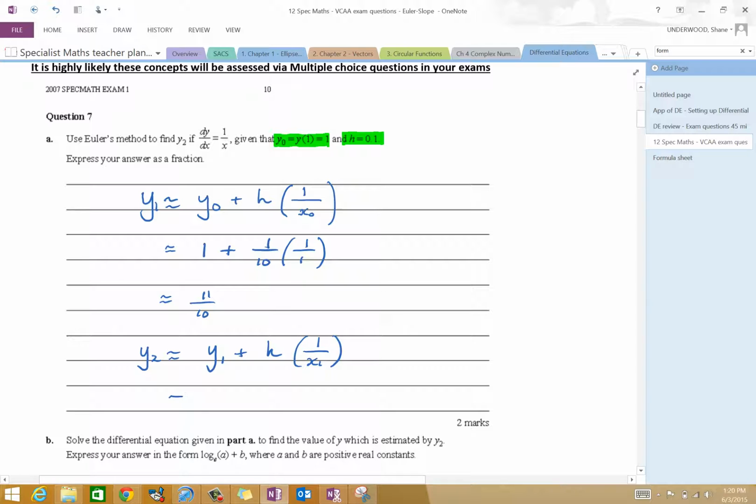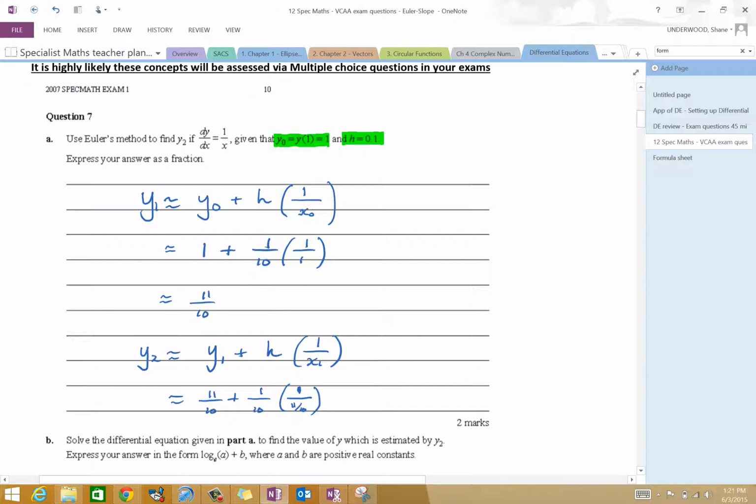So y2 is approximately equal to y1, which is 11 over 10, plus what? 1 on 10 times what? 1.1? So 1 over? 11 over 10, Nikita. That's correct, yes. Good. 1 over 11 over 10.